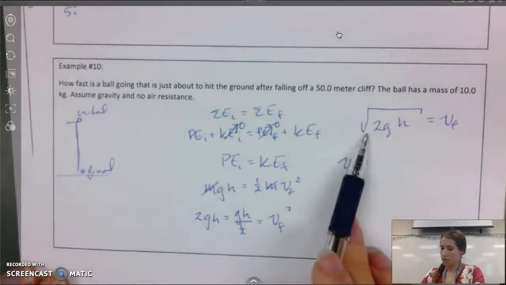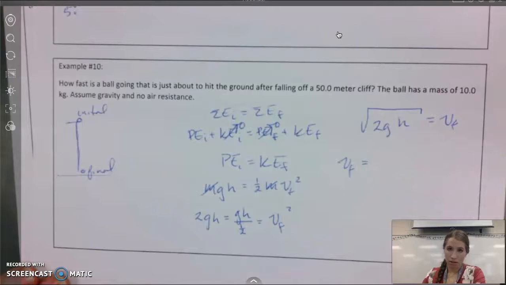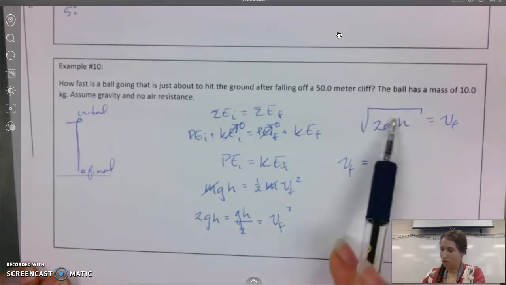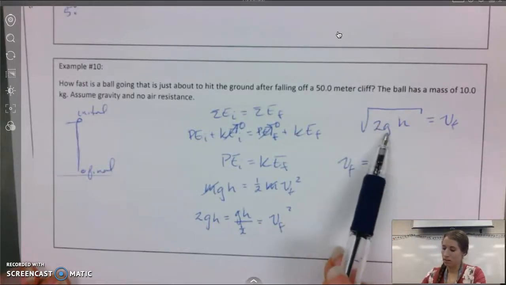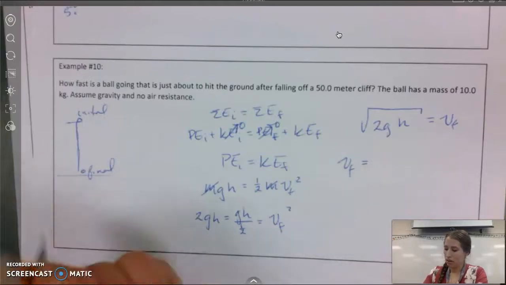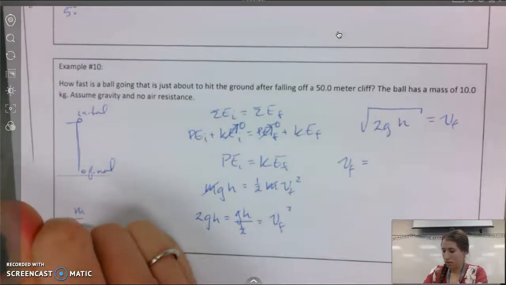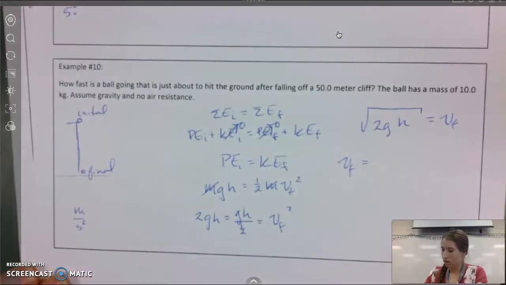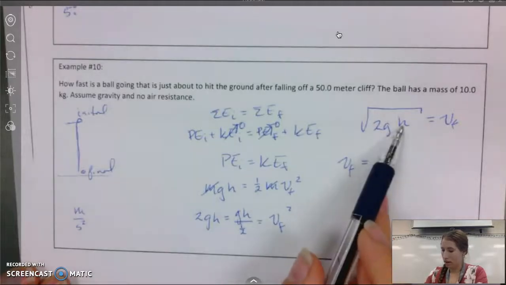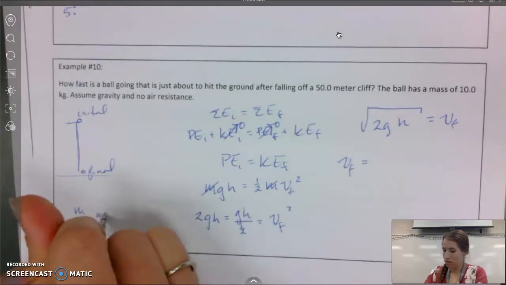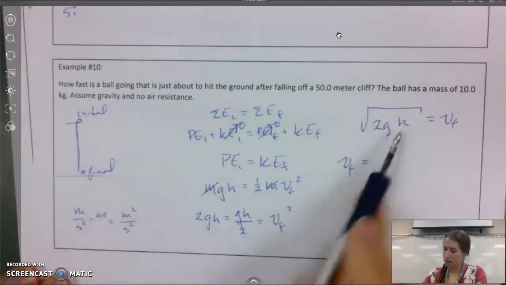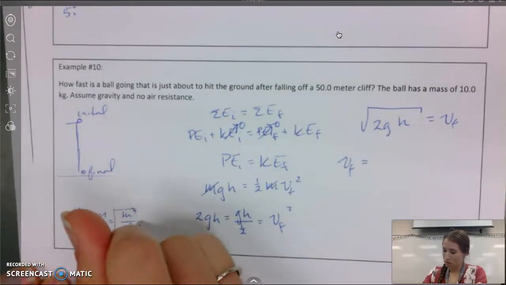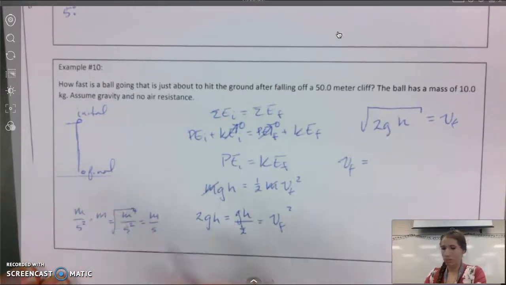Now, let's make sure we do end with units of meters per second to make sure we rearrange this correctly. So 2 is unitless, g is an acceleration due to gravity, so that would be a meter per second squared. And then we have a height, which is in meters, so that would be meters squared per second squared, and again, it's in a square root, so we do end up with meters per second.